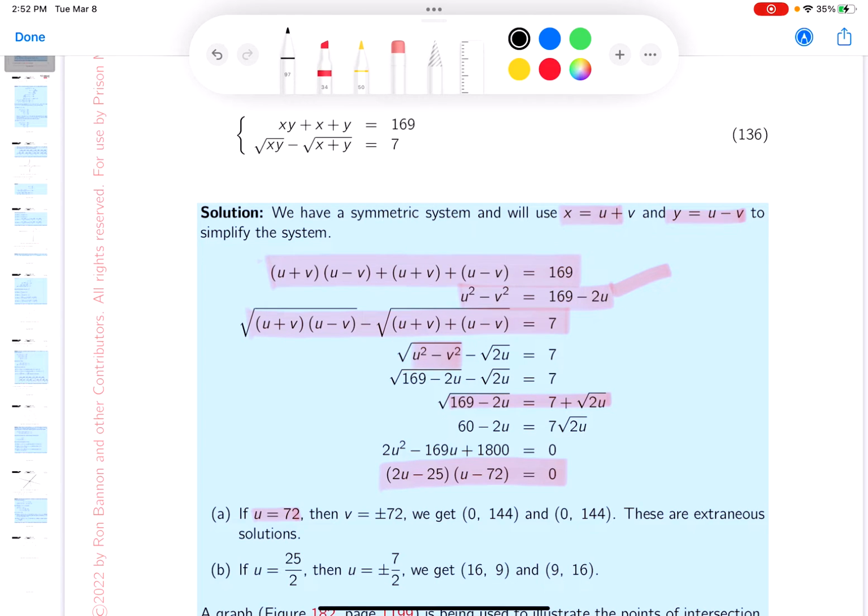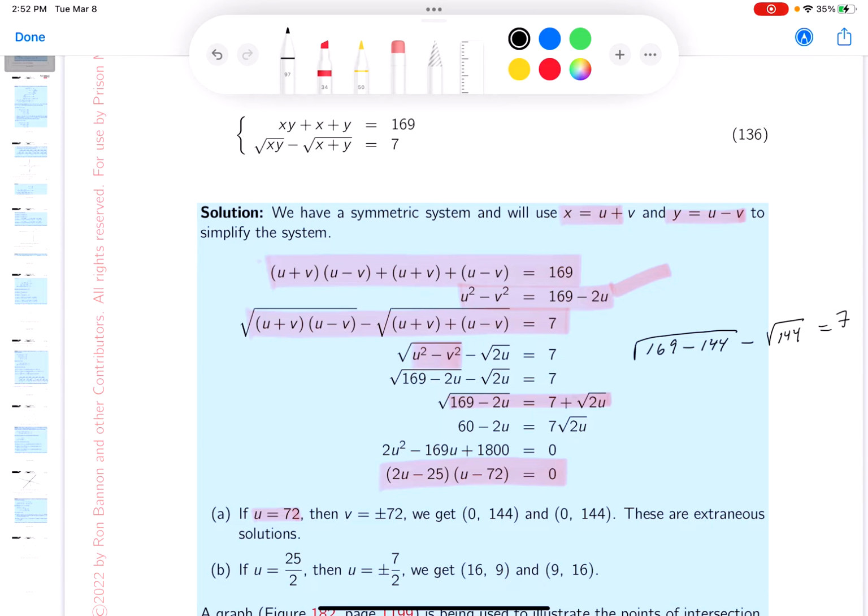So what are you going to get? You can get 169, and 72 times 2 is going to be 144, minus the square root of 144. And they say that's equal to 7. And what do you get there?